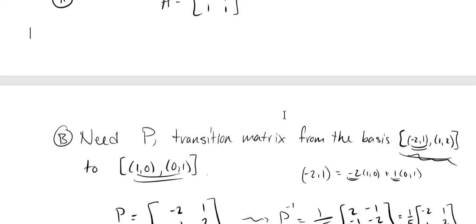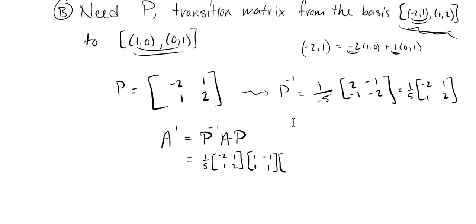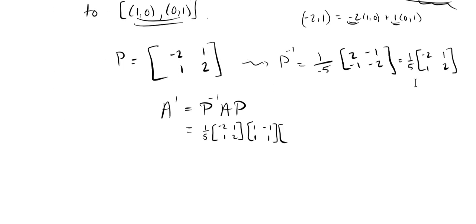And P, sorry, P, negative 2, 1, 1, 2. And here we have it. We just need to perform some multiplication. Leave the 1/5 out front. Don't want to do more than I have to. And I'll multiply the last 2 matrices first.